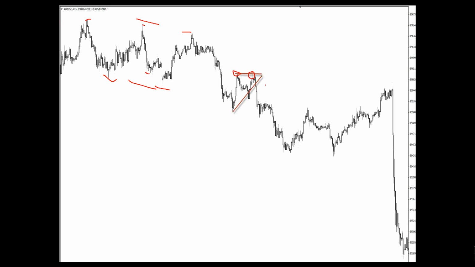So this is how I would trade it. I would probably trade the first breakout of this triangle because stops are very small. Stops are usually placed just above this flat top side. So if the price goes to the upside, well, we will lose the trade, but we won't lose much.